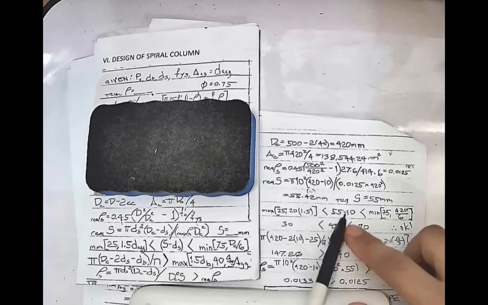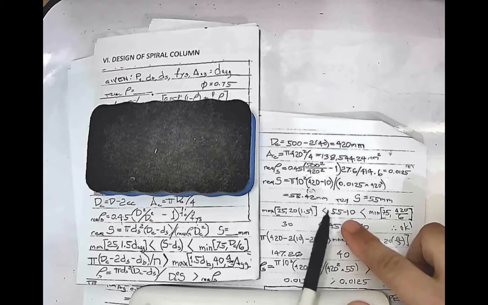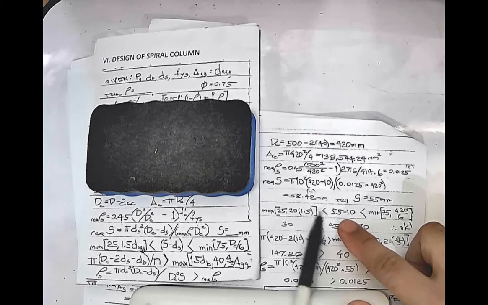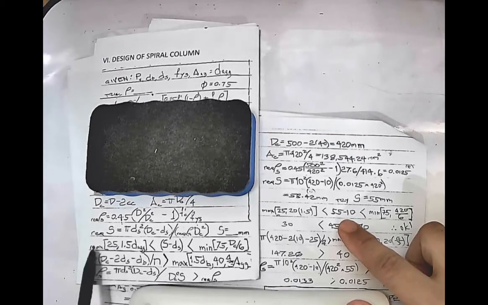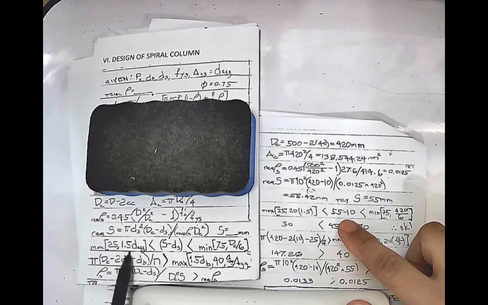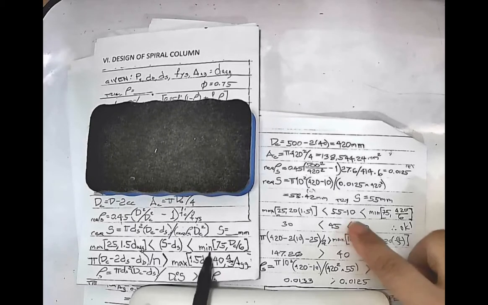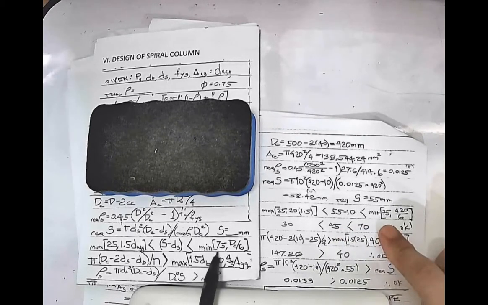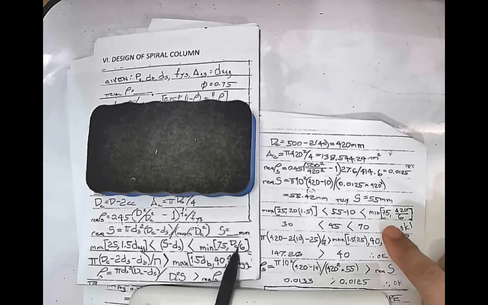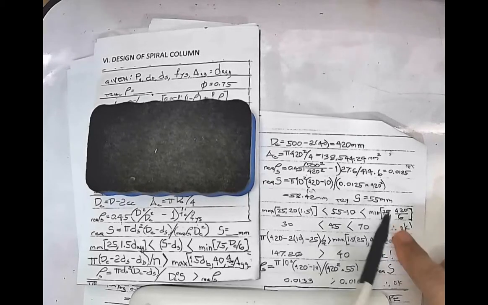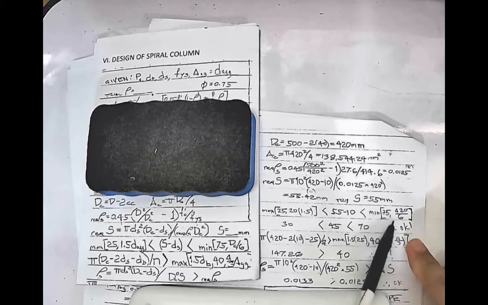So, that is 55 minus 10. Dapat greater than this condition. Okay? Your first condition is maximum of 25 and 1.5 of diameter aggregate. Your second condition or your upper range is the minimum of 75 and DC all over 6, which is this.